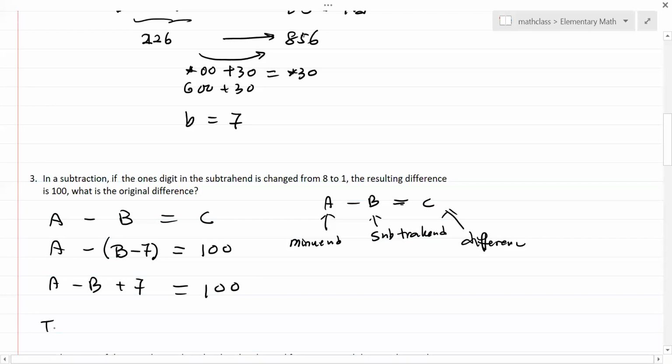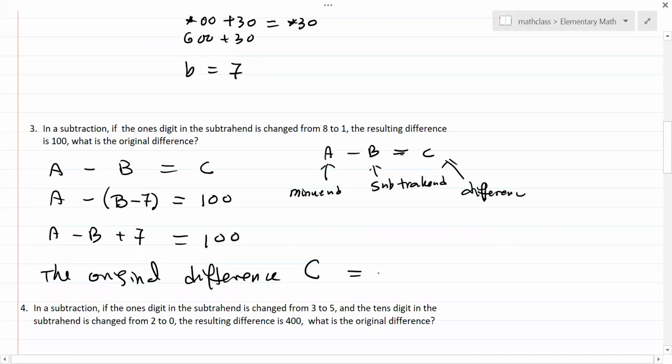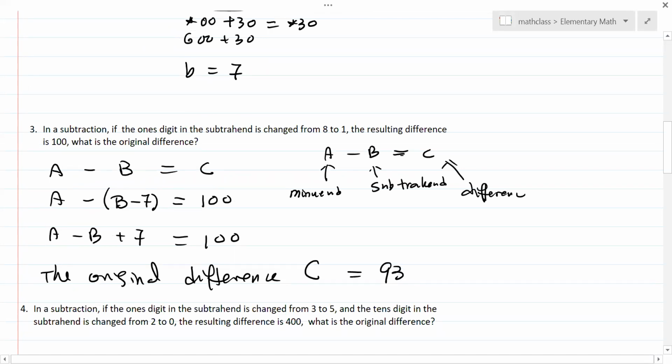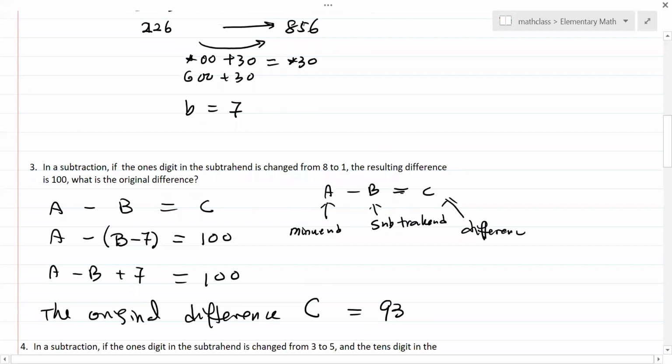The original difference, which is C, is going to be 93. Okay, so original difference 93, because the subtrahend, if you decrease the number, you actually increase the difference, because it's minus. Minus becomes plus. Yeah, that's right. So you have to be careful.